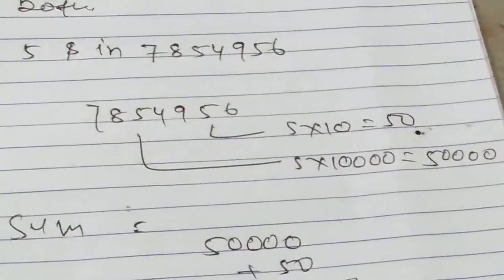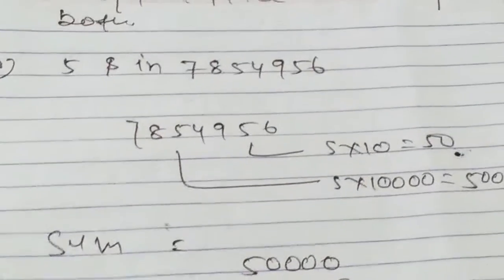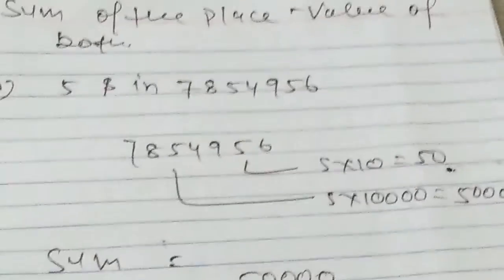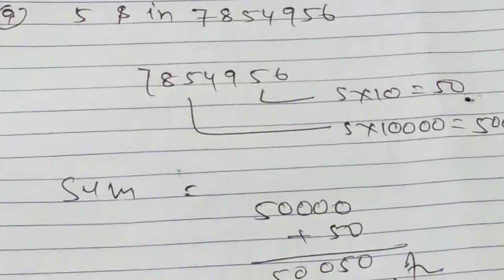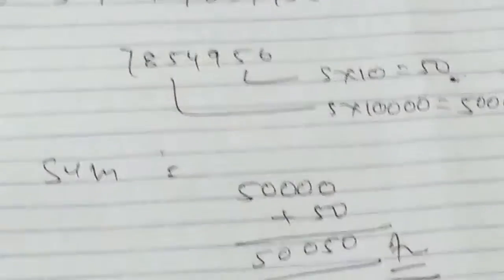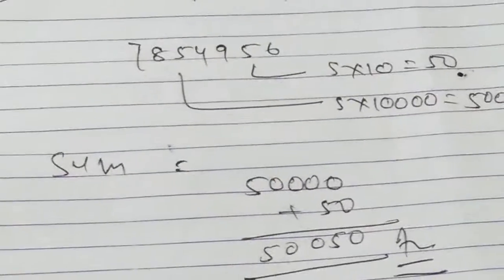So 5 into 10 equal to 50, 5 into 10,000 equal to 50,000, and at last we find the sum: 50,000 plus 50 equal to 50,050.